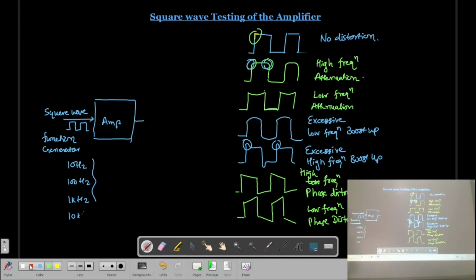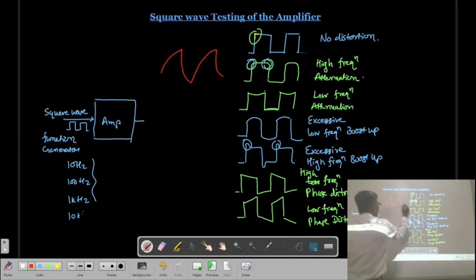Now sometimes, if this is the output in the amplifier, then this indicates the high frequency attenuation and phase distortion.